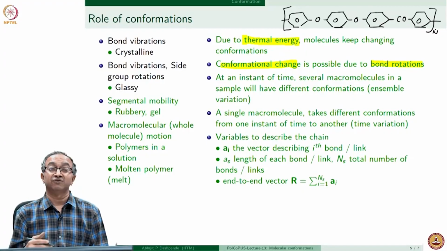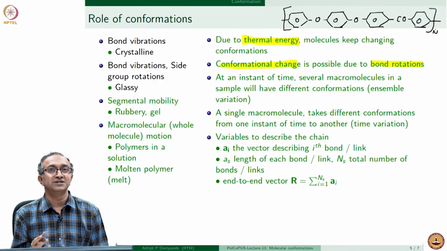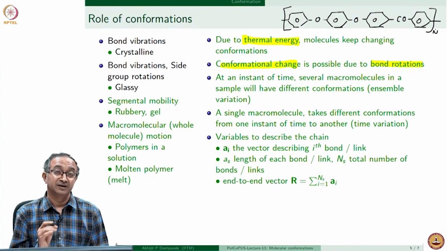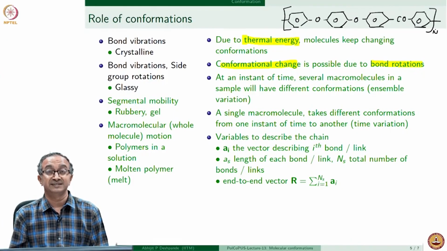What do we expect for conformational changes in this kind of polymer, where there are not as many carbon-carbon bonds along the backbone? And clearly, your hunch is correct that in such polymers conformational changes will not be as easy, and therefore many of these may not have a coil-like structure, but may have more rod-like structures.